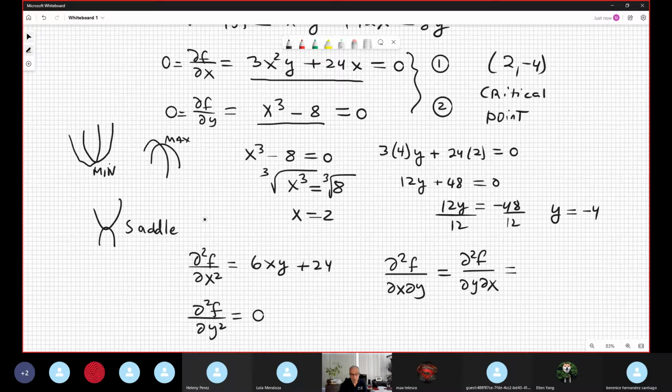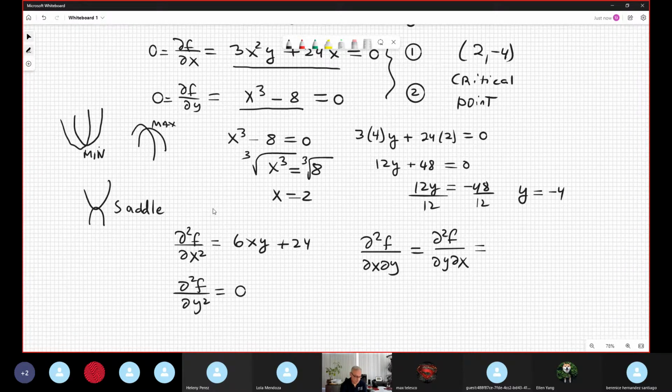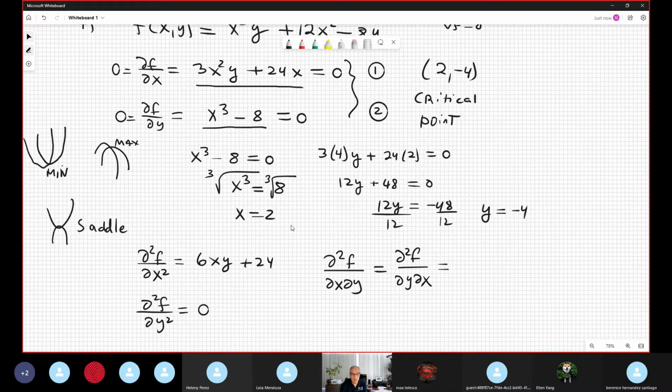Let's do it either way, you take the easy one. What's the easy one? The easy one is this. I did the partial derivative with respect to y. Now I differentiate with respect to x. It's 3x squared. This is clear.